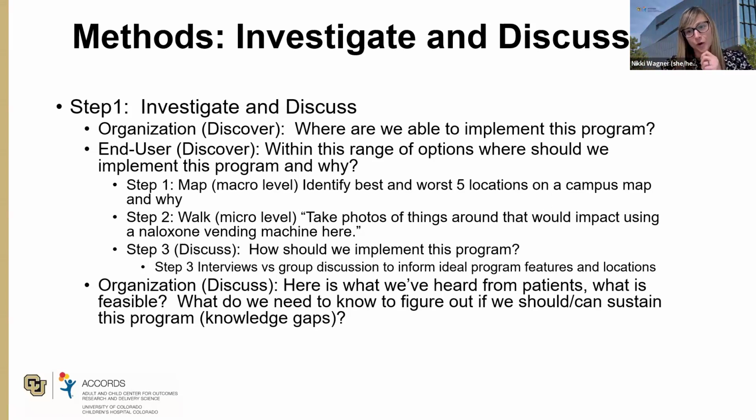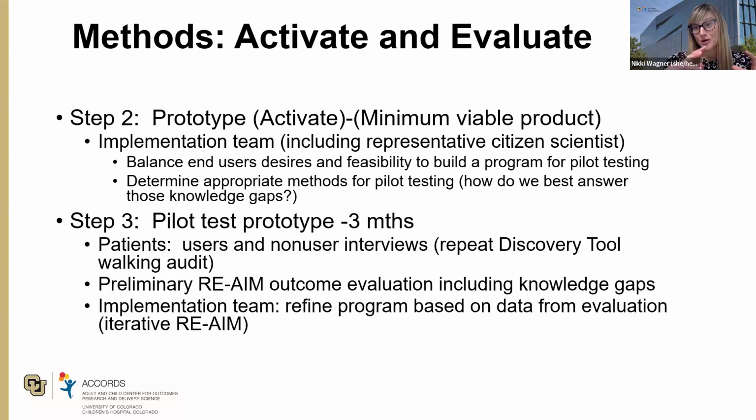So it's really a back and forth kind of process where we do this stage, but we don't do a sample of them and then we're done. We do a few, we bring it to our group and say, here's what we're learning. What do you think? And then we go back and we refine and we revise and we ask different questions and we move it forward. So this iterative process is really the key to the strategy. And then again, we bring our group together and we build our minimum viable product.